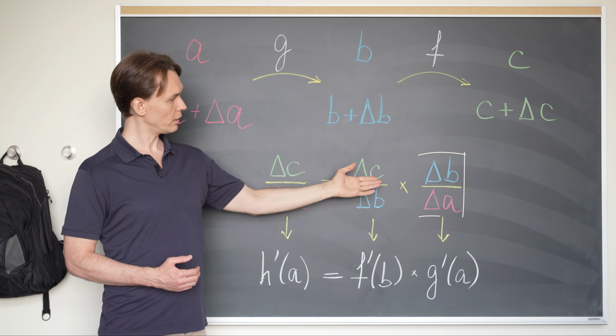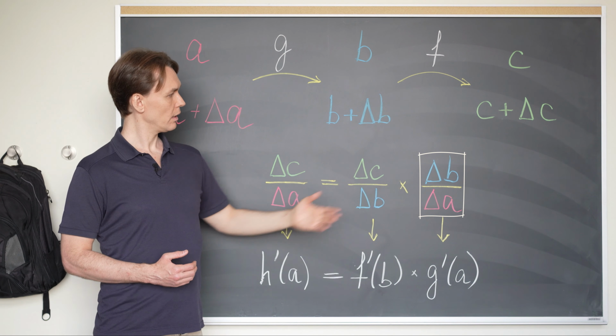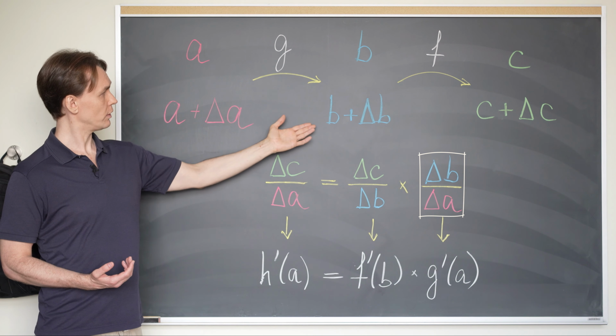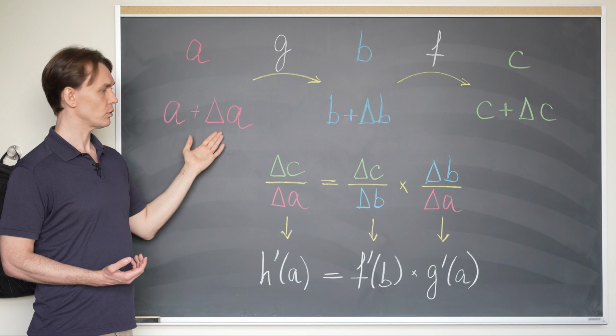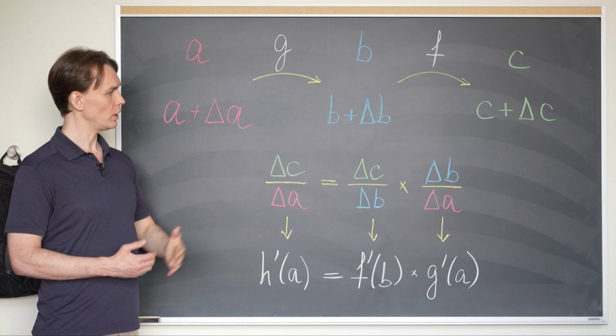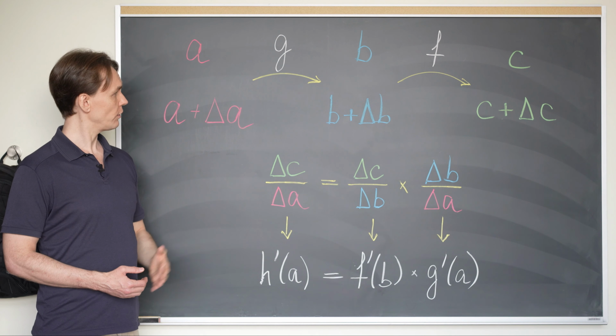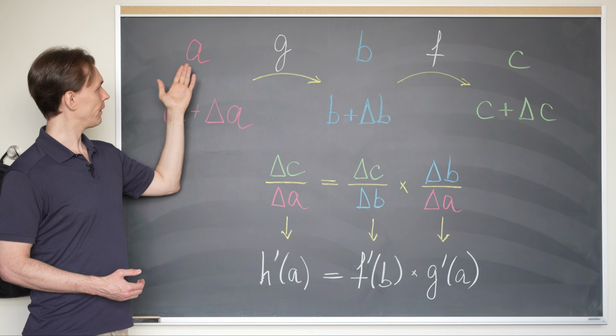And then when you look at the second factor there, it's just the rate of change of the output of this function g relative to the input. So when you let delta a go to 0, that's just the definition of the derivative of this function g at this point a.